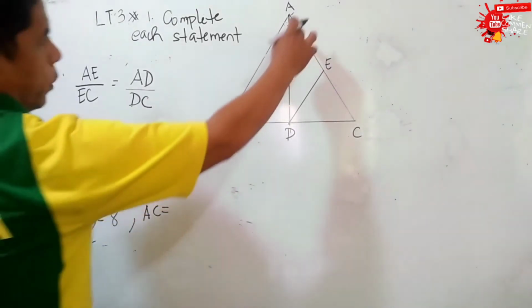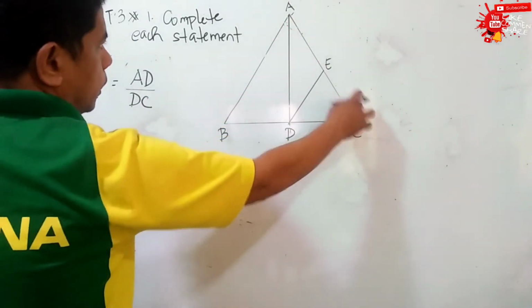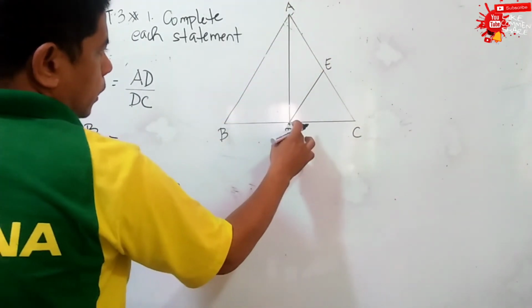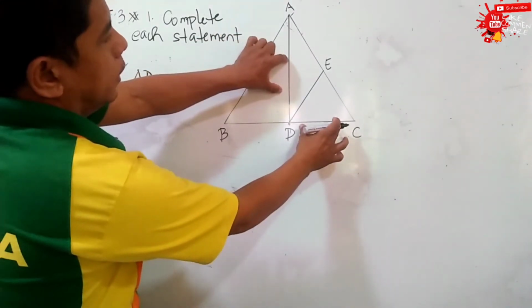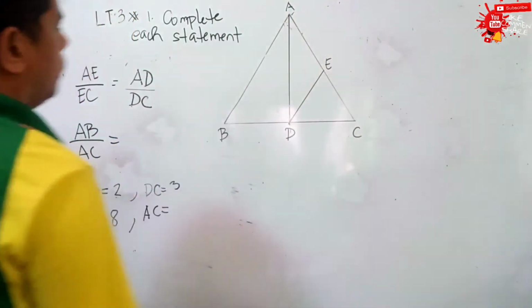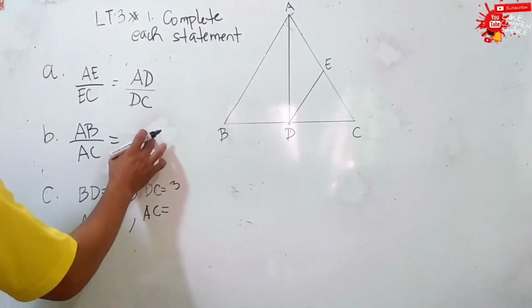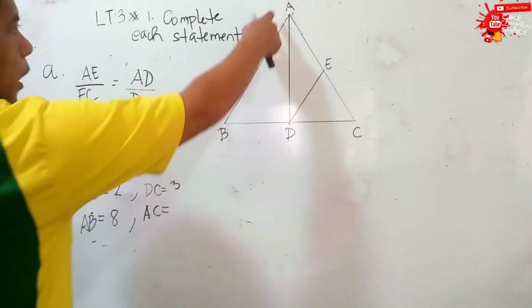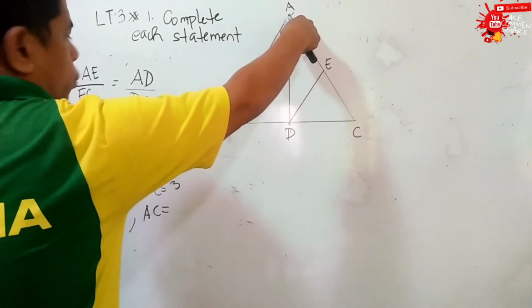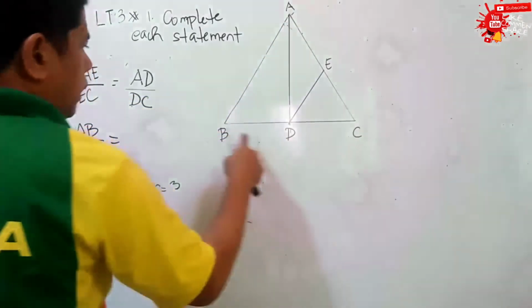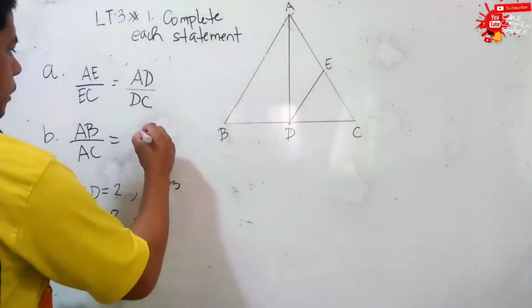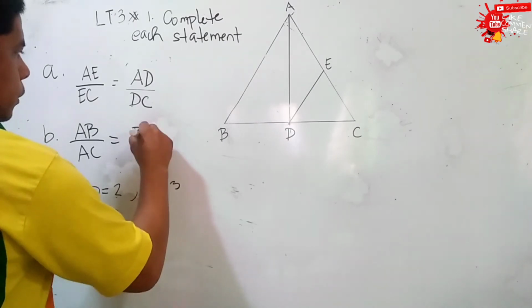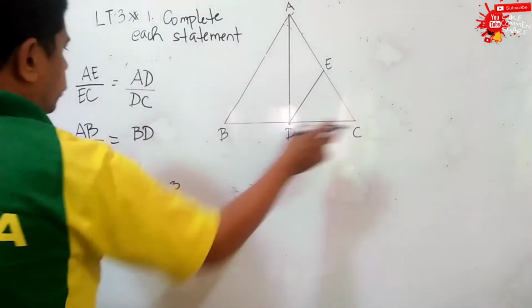Okay? So, AE correspond to EC, AD correspond to DC. Kasi ito yung legs niya. Ito naman yung base niya. Next, sa letter B. AB correspond to AC, BD correspond to BC.